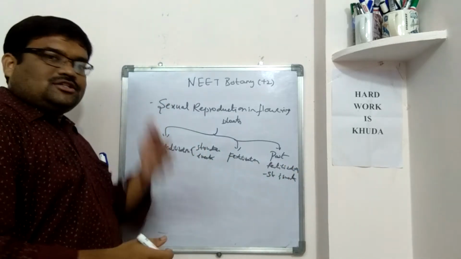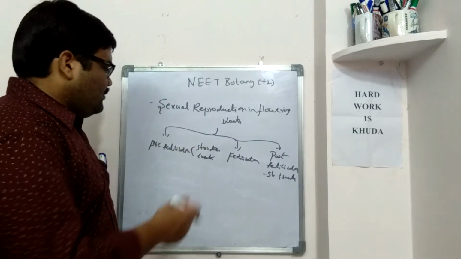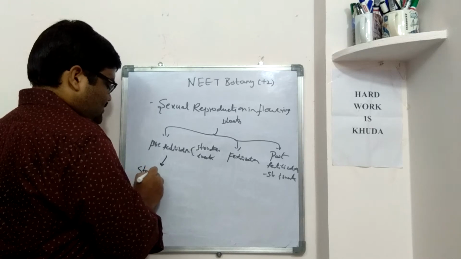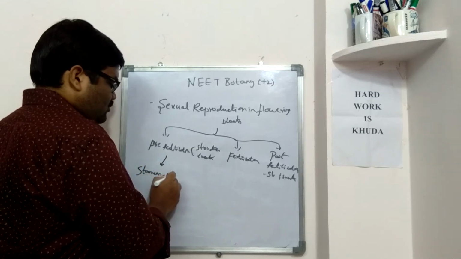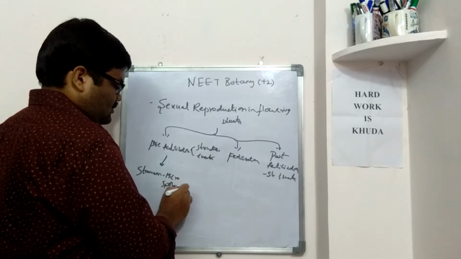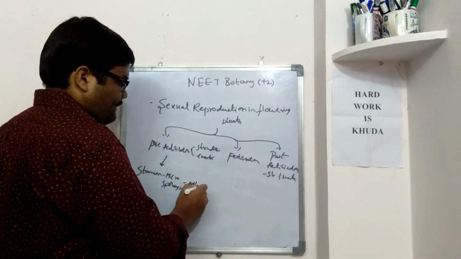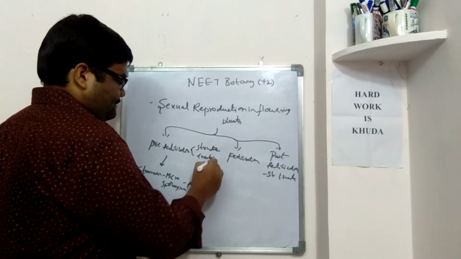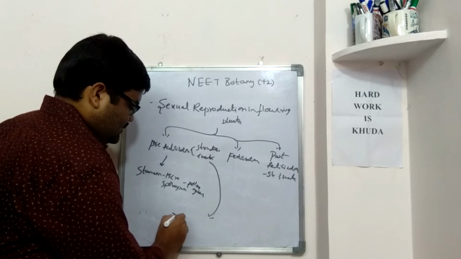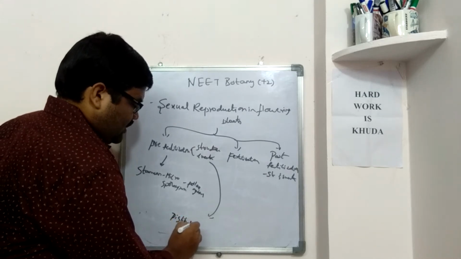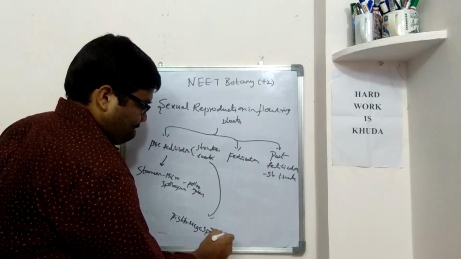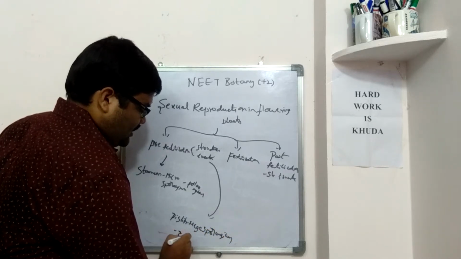In case of pre-fertilization events, in plants we have to learn about, in case of male, stamens, microsporangium, pollen grains. In case of females, we have to learn about pistils, megasporangium, embryo sac.